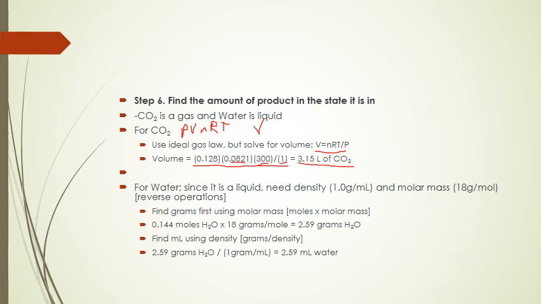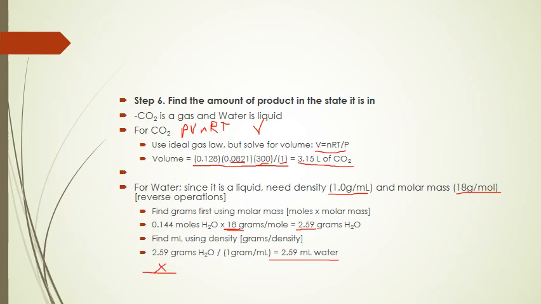For water, you have to know the density, 1 gram per mL, and the molar mass is 18 grams. So the first thing you've got to do is find out how many grams is 0.144 moles of water. You multiply by the molar mass, which is 2.59. And then you use the density to figure out the mLs of water. There are different ways you can do that. I like setting up ratios for density.